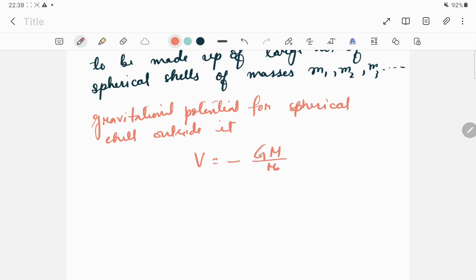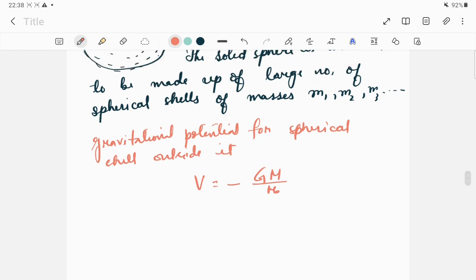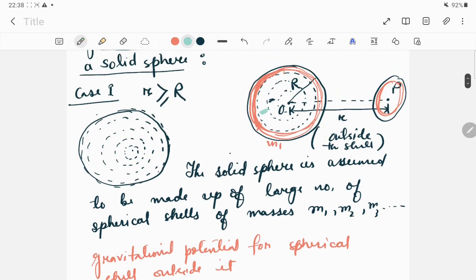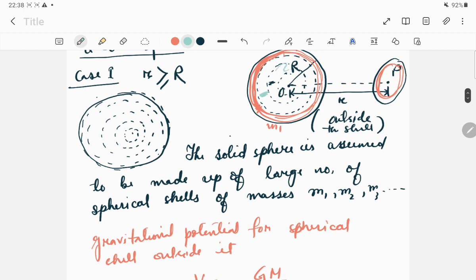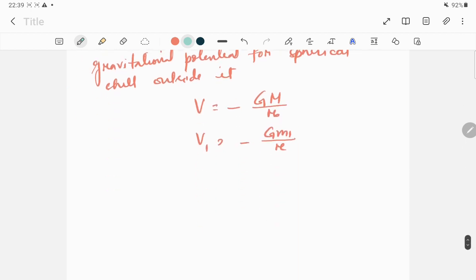Interestingly, this time we have so many shells. For the first shell it will be V1 equal to minus Gm1 by r. Then if I consider this shell of mass m2, the potential due to that will be V2 equal to minus Gm2 by r.